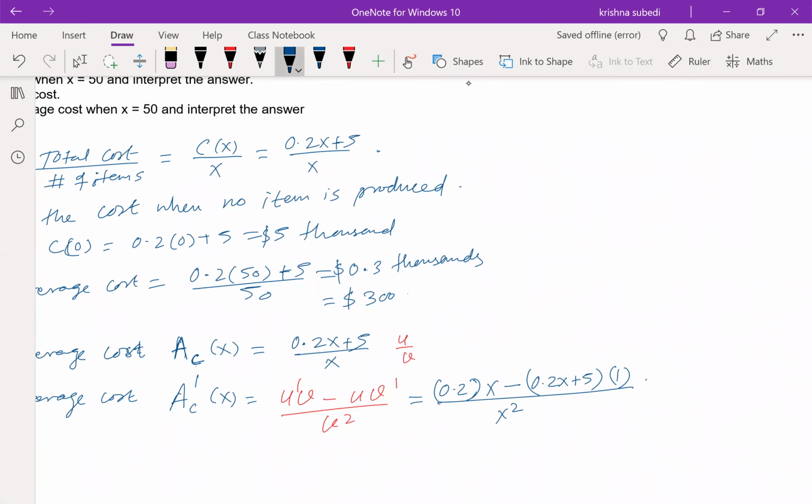If you simplify it, you will get minus 5 over x squared.